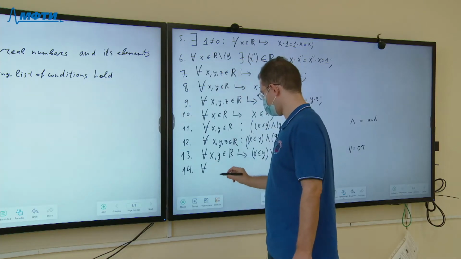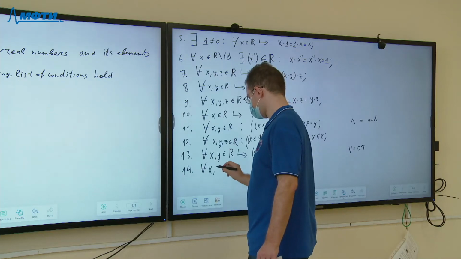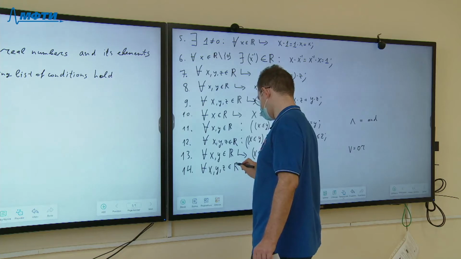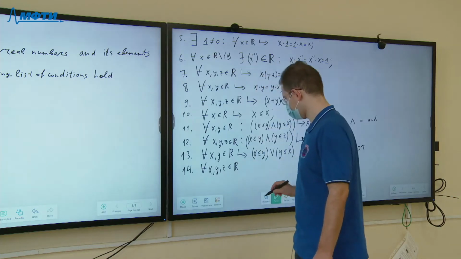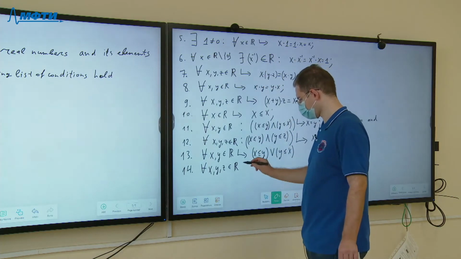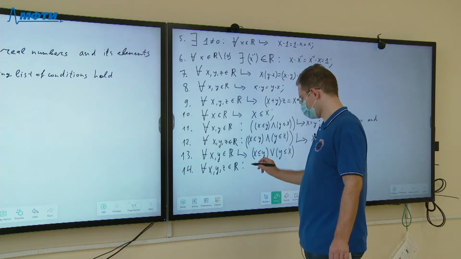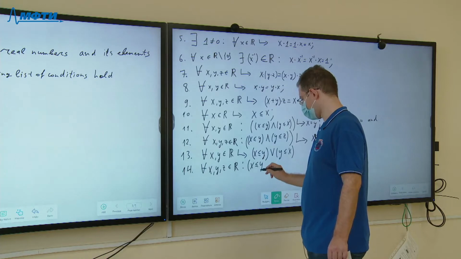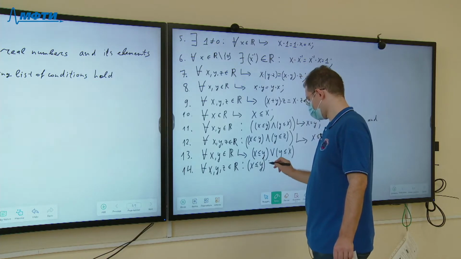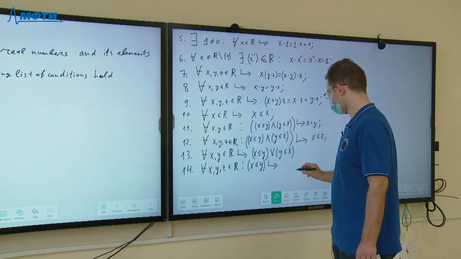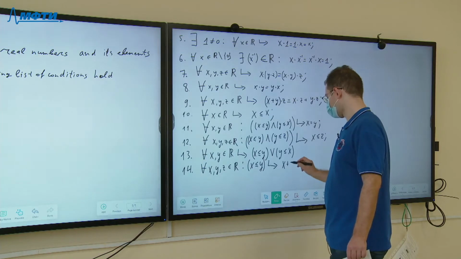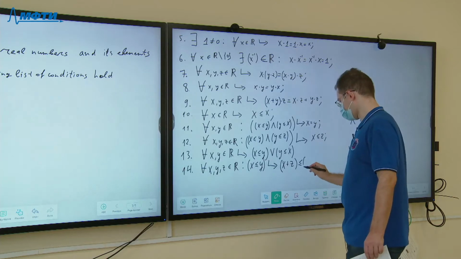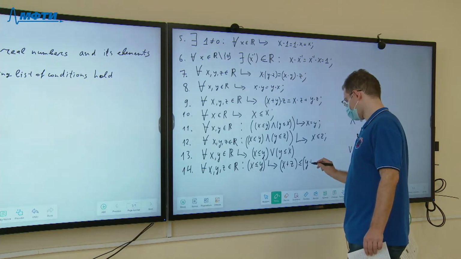For any x, y, and z such that x less or equal than y follows x plus z less or equal than y plus z.